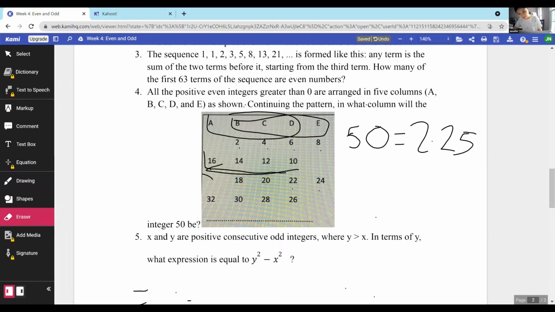And as we notice, there are 4 terms in a row.